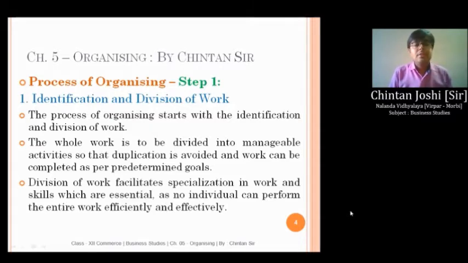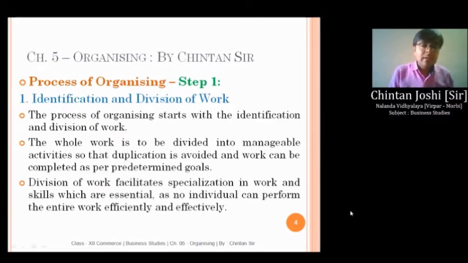The process of organizing starts with the identification and division of work. The whole work is to be divided into manageable activities so that duplication is avoided and work can be completed as per predetermined goals.